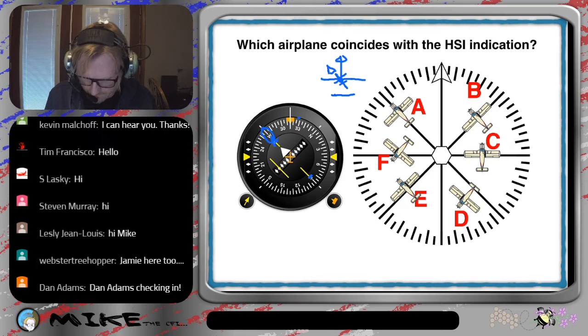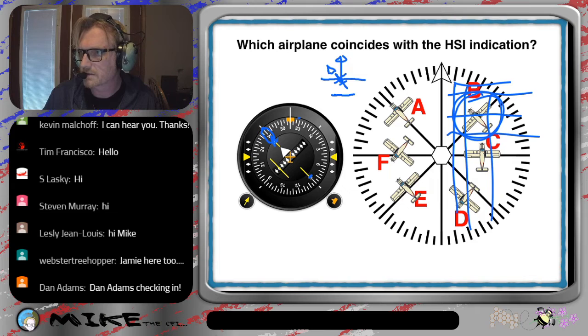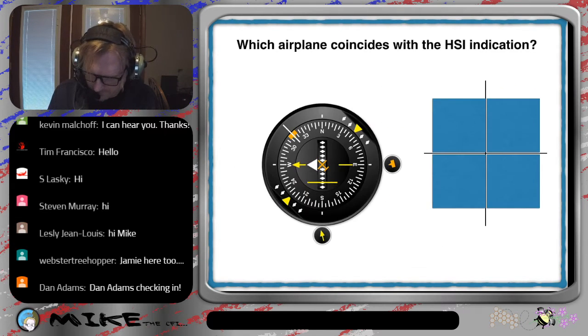So what that's telling us then is that we must be over on this side and we must be somewhere up here. And we're heading on a heading of 315 degrees, so the only airplane that's heading 315 degrees is letter B. So rotate it to north.